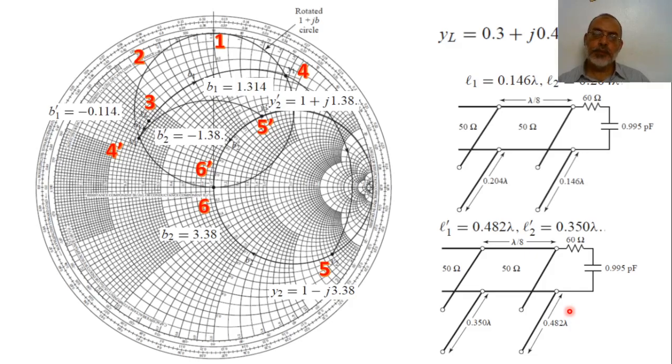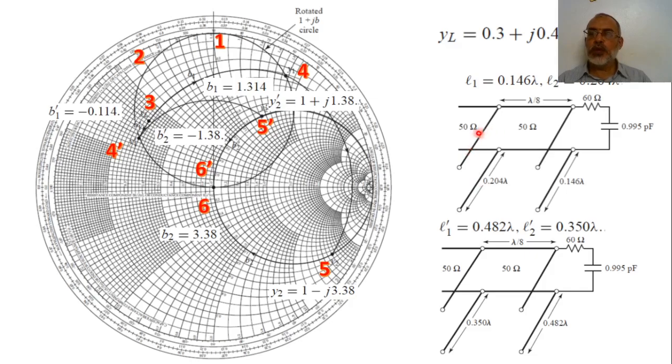Alright? Now, after determining the length of the stubs, effectively the reflection coefficient, or the input admittance here, is y0 at the resonant frequency. But if we go outside the resonant frequency, the value of the reactance will change, and the lengths of the stub will change due to the change of the frequency.